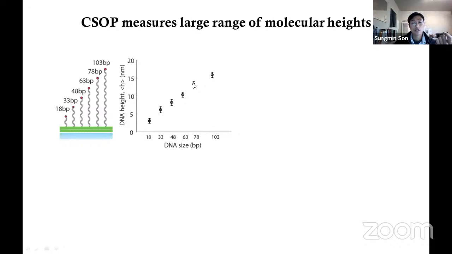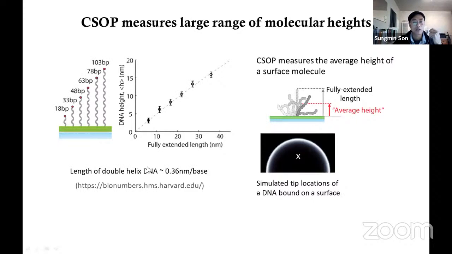So this is one of my first data sets, and I was very excited to see that increasing the base pairs of DNA actually increases the height signal. But then upon closer examination, the number seems a little bit different than what I anticipated. Because it's very well known that the length of DNA is about 0.36 nanometer per base, and my measurement was actually exactly half of that, right?